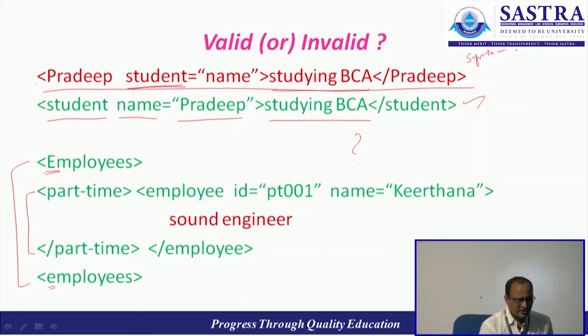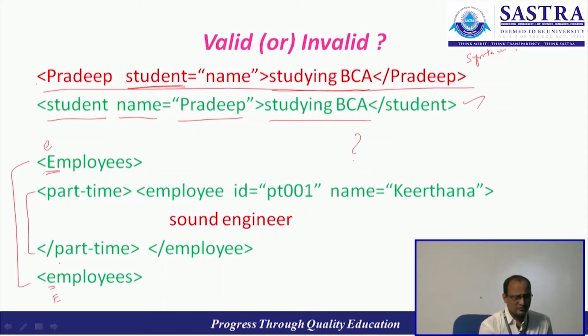Because of the small e, the entire XML document will become invalid. I have to make the closing tag with capital E, or make the opening tag small e. Then only the entire XML document will be valid, otherwise it will be invalid.